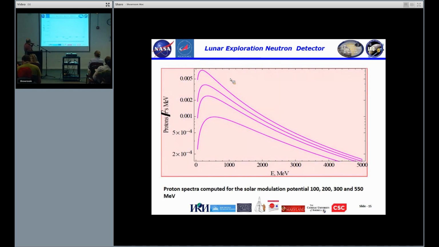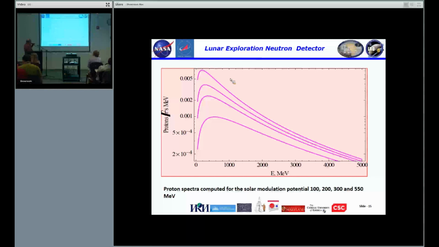What we see now is the proton spectrum computed for different solar modulation potentials, from top to bottom: 100, 200, 300, and 550. So there are very significant variations, about an order of magnitude, depending on the solar modulation potential.